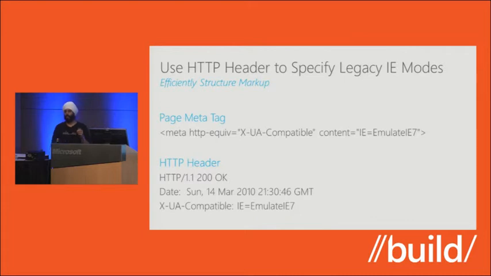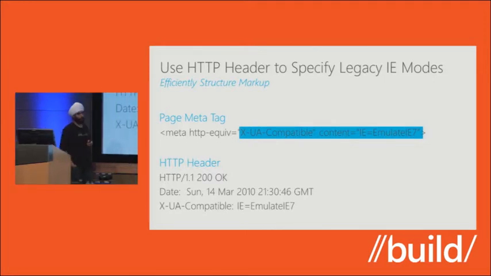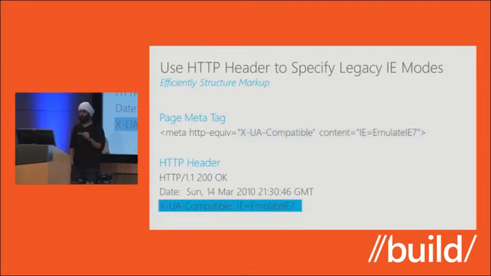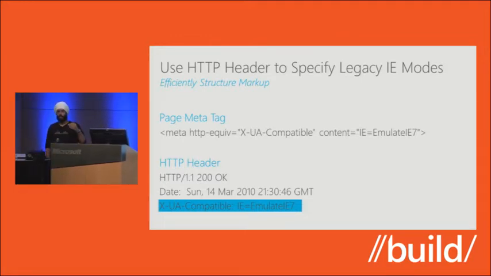Now, on occasion, you may have an internal line of business application that needs to run in IE7 mode. You can do that quickly by just specifying a meta tag in the page itself: I don't want to update my application, just use IE7 mode. But the recommended way to do this is to put this information in the HTTP header itself. If you think about it, the browser downloads the content, and when the initial HTML comes down, it starts parsing that content.